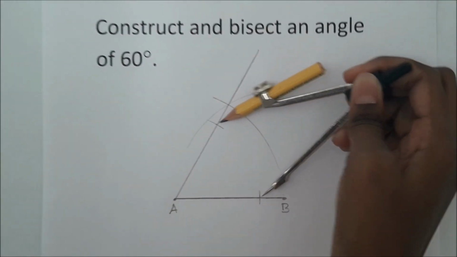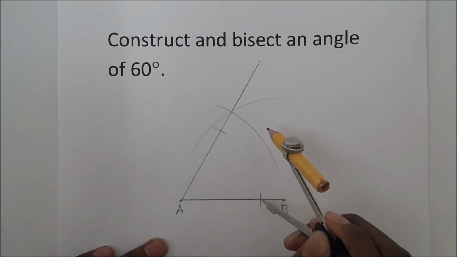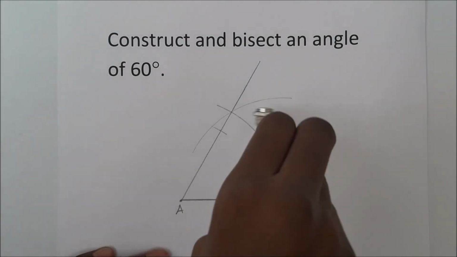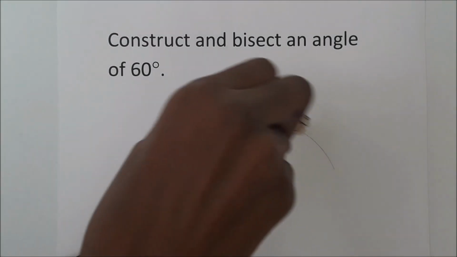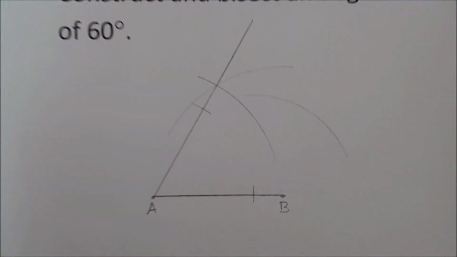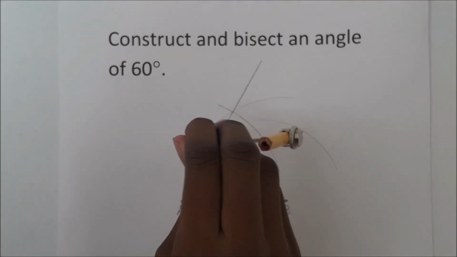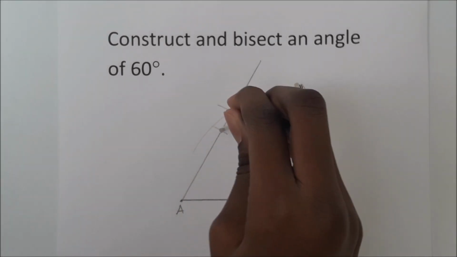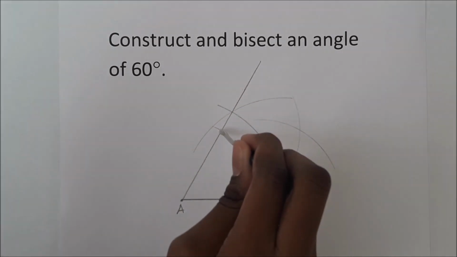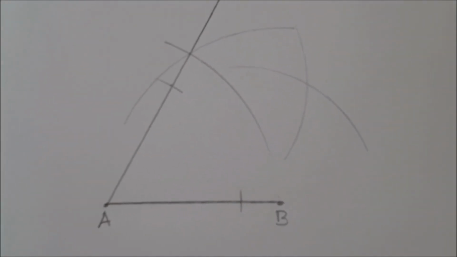Got it? Then draw a new arc. Okay, let's see it. Without changing it, go to the other arm and cut that arc. Without changing it. Perfect.